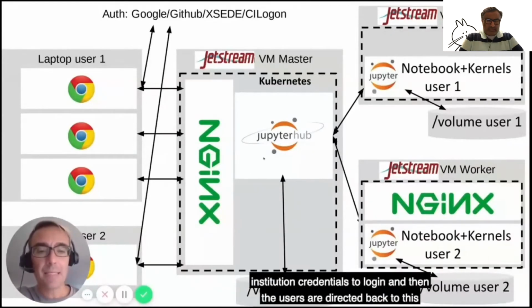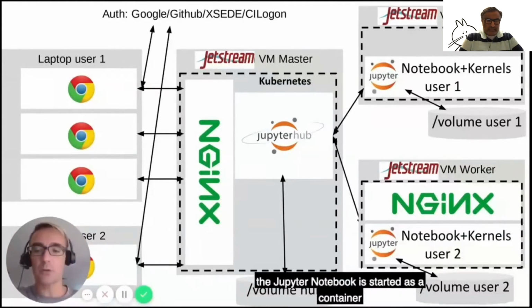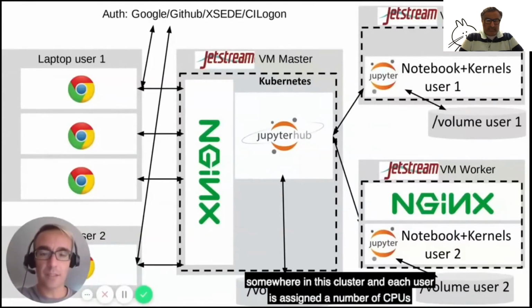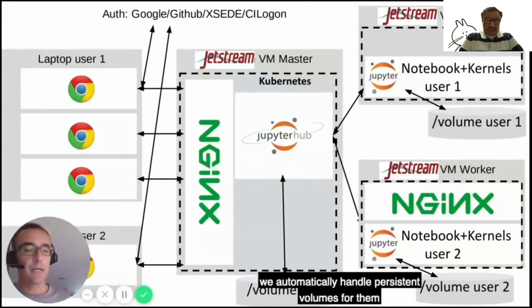And then the users are redirected back to this instance, and a single-user instance of the Jupyter Notebook is started as a container somewhere in this cluster, and each user is assigned a number of CPUs and an amount of RAM that they can use. And also we automatically handle persistent volumes for them.